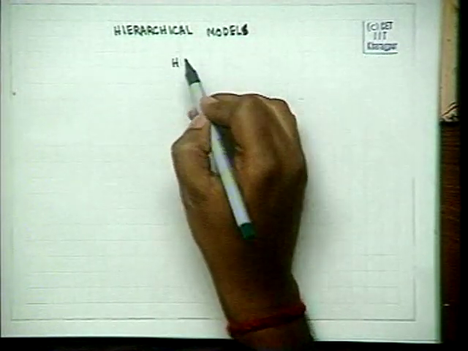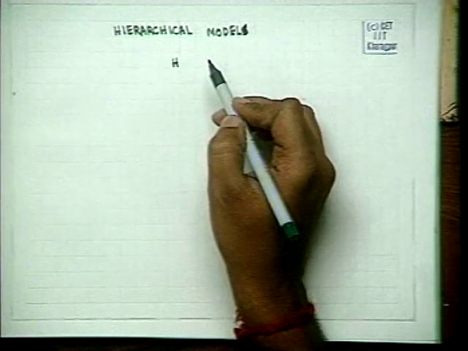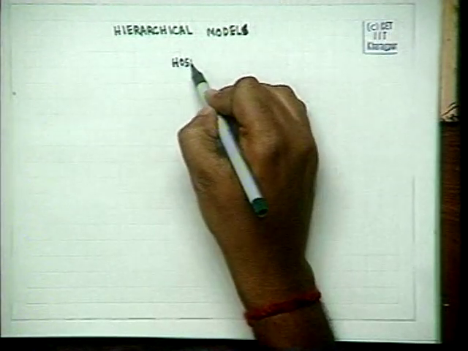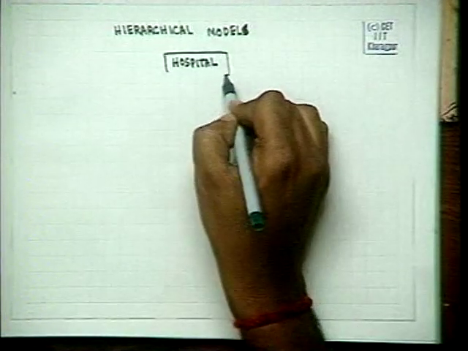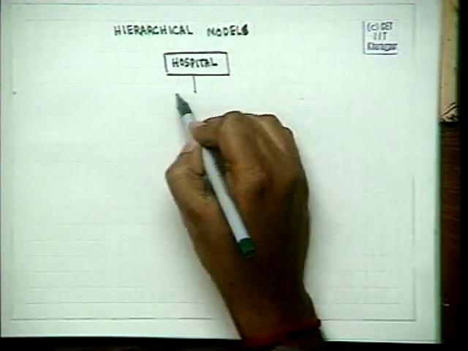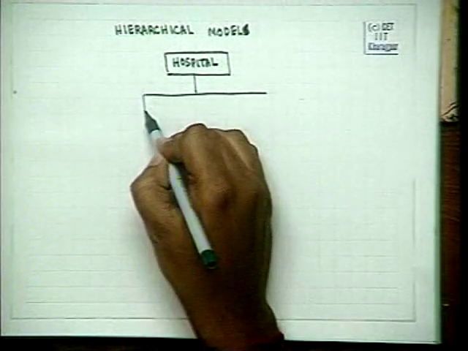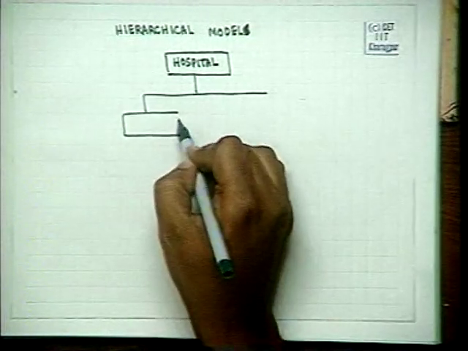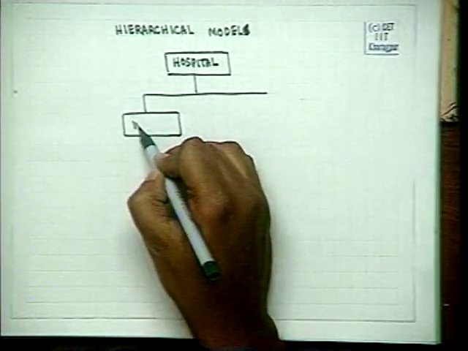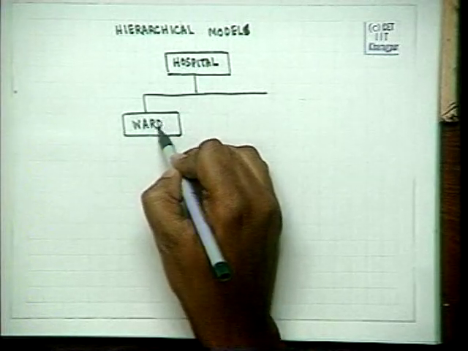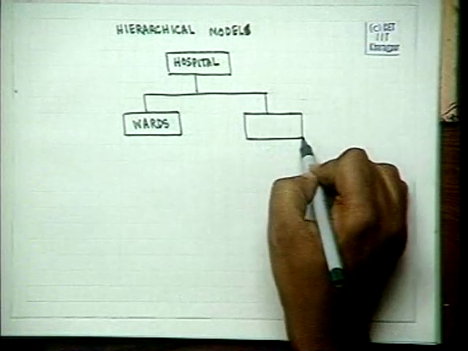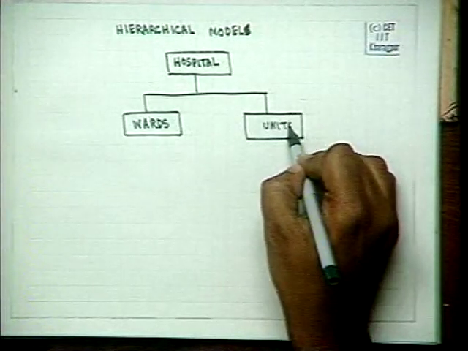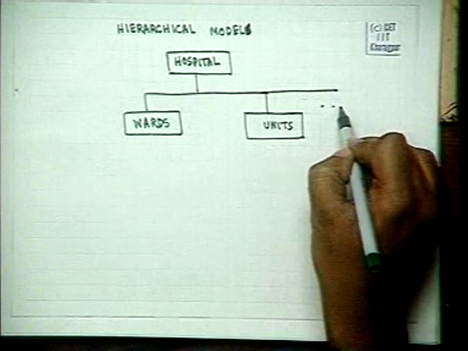Take a hospital, or the hospital records of a particular city. They are broken down into wards, units, and other things.